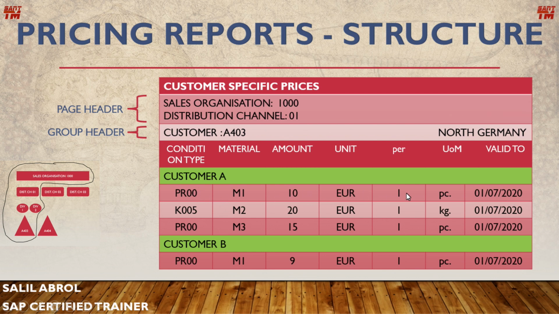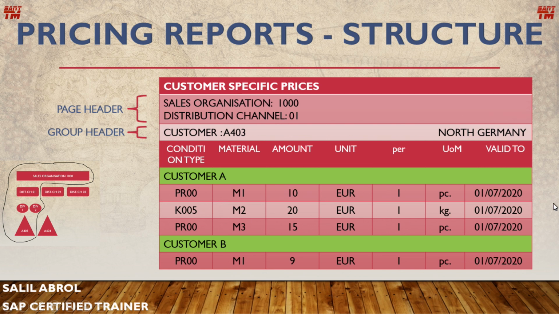So what is this row trying to say? It is saying that for price condition type PR00 of material M1, the price would be 10 euro per one piece. One piece would be charged at a rate of 10 euro till 1st July 2020.